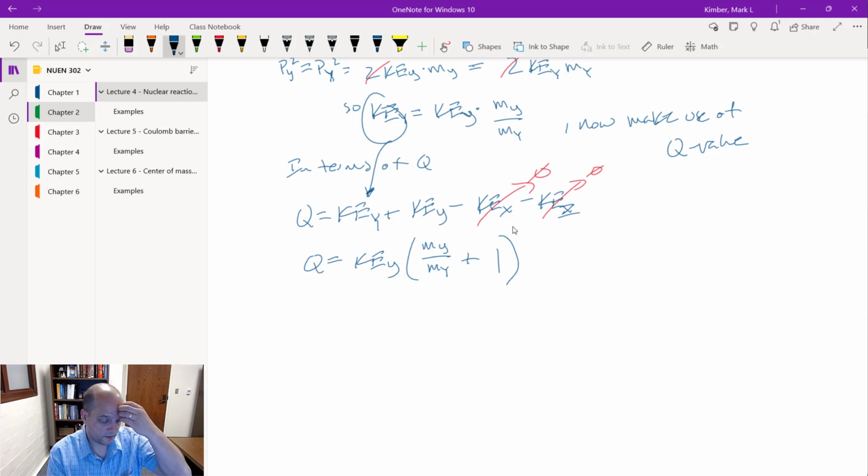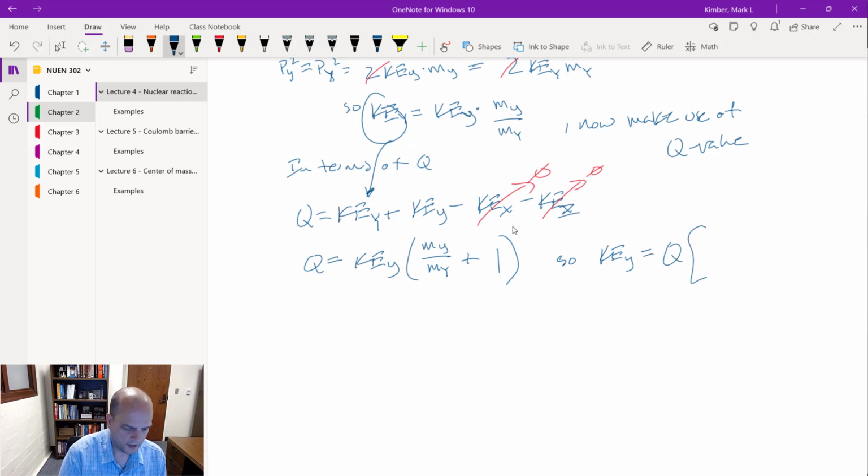And that is the expression for my Q value. I just solve this for my kinetic energy now. Since I know the Q value, I can use that to solve for the kinetic energy.